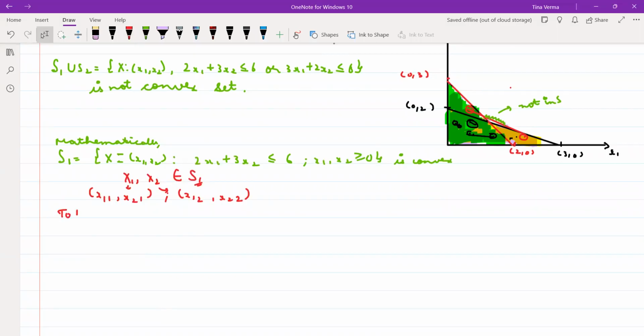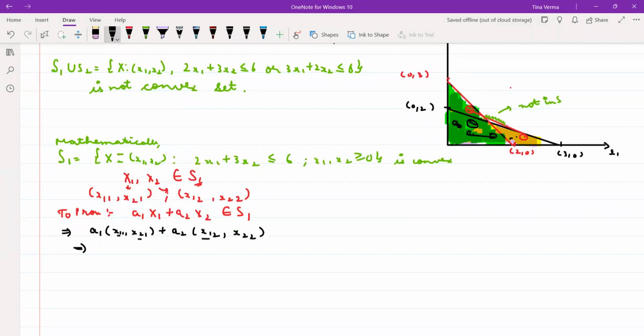That means what do you have to prove? You have to take the CLC of these two points, a1 X1 plus a2 X2, and that should also belong to S1. You have to use vector addition and multiplication. X1 is X11 and X21, and X2 is X12 and X22, right? a1 will be multiplied by this and this, and a2 will be multiplied by this and this.